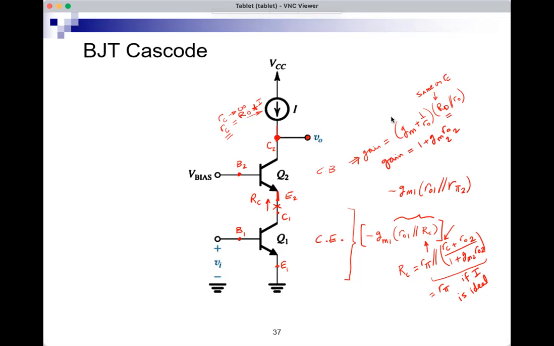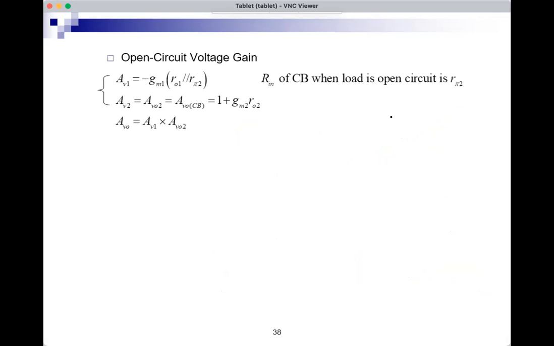So that's it. This is what we will get for open circuit voltage gain. For the first stage, minus Gm1 (Ro1 parallel R pi 2). For the second stage, 1 plus Gm2 Ro2. And the overall would be the product.